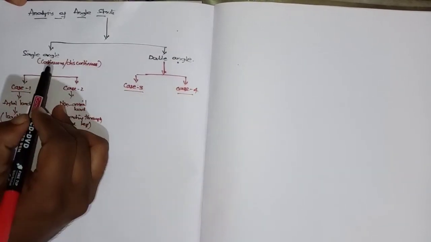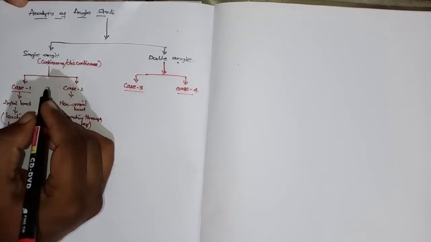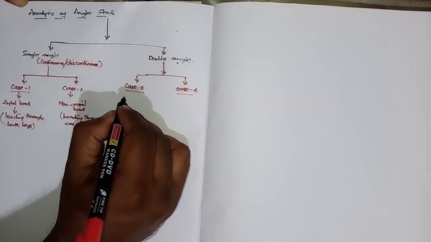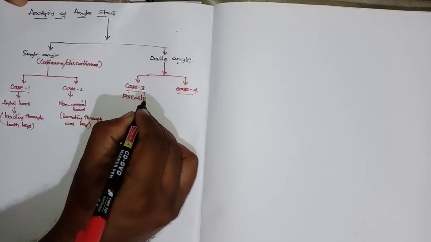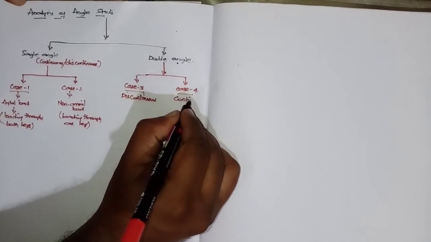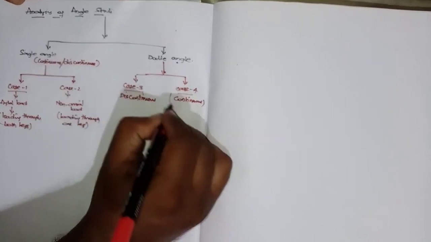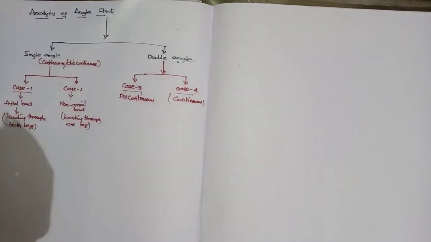Now in a single angle you may come across case 1 and case 2 in both continuous and discontinuous, whereas in double angle, case 3 is discontinuous and case 4 is continuous. Why are we differentiating? Because you will be calculating the effective length differently.